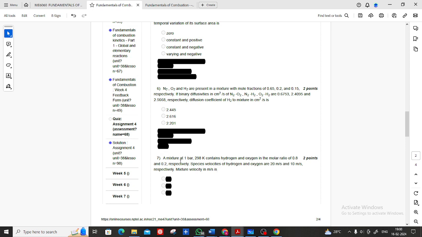So we need to calculate the mixture velocity, and the velocities of the particular species are given.